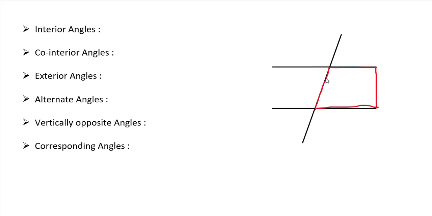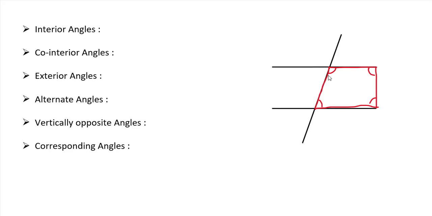What is an interior angle? Interior angle is the angle formed between two adjacent sides of a rectilinear figure. Rectilinear means straight. So since this figure is made up of straight lines, hence it is a rectilinear figure. So all these 4 angles will be called interior angles.